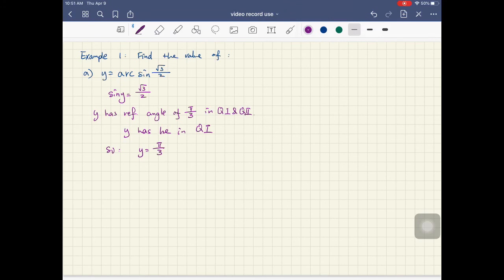Okay, so you can see the second one, and why I need to talk about the range and the quadrant. My second one is sine of y equals sine inverse of -1/2.